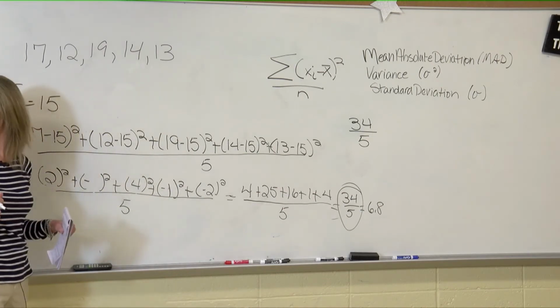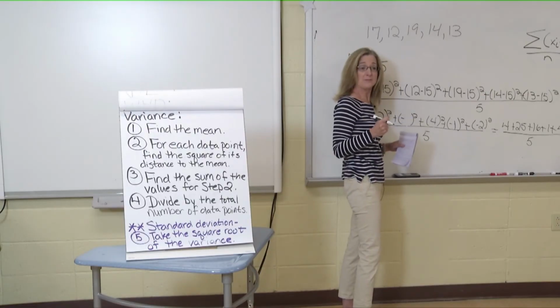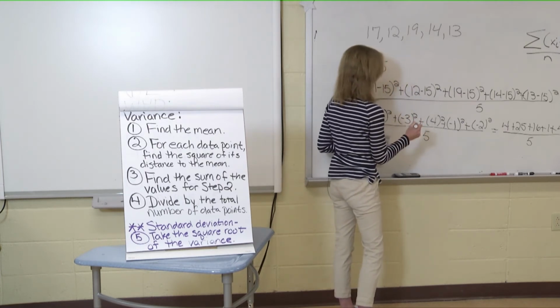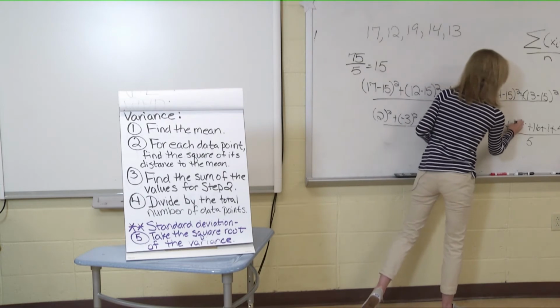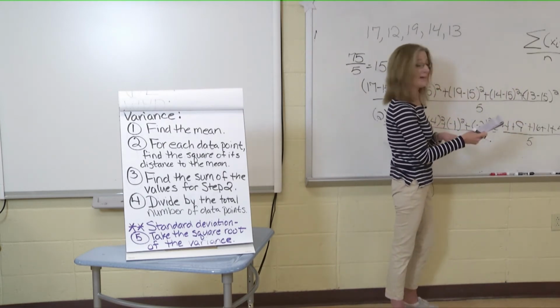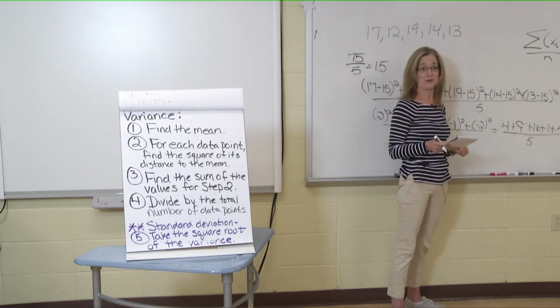And I made a mistake in my math, which is very common. Ms. Belle-Isle does that. 12 minus 15 is negative 3. So that's going to be 9. But my answer on my paper is still 34 over 5.